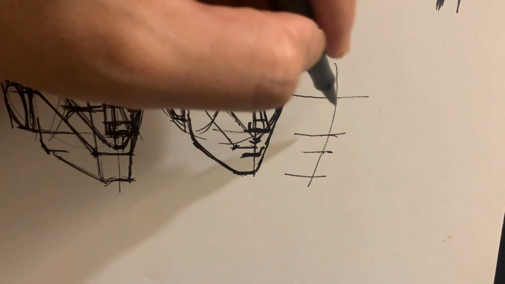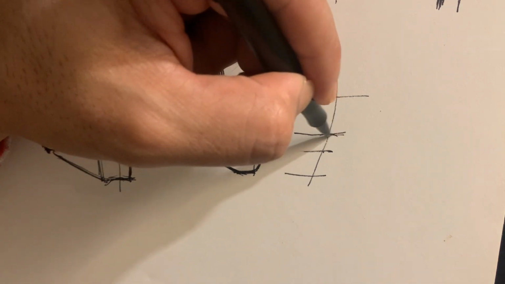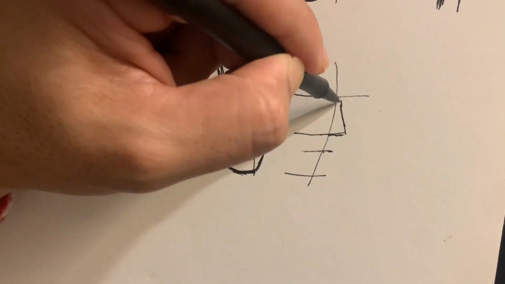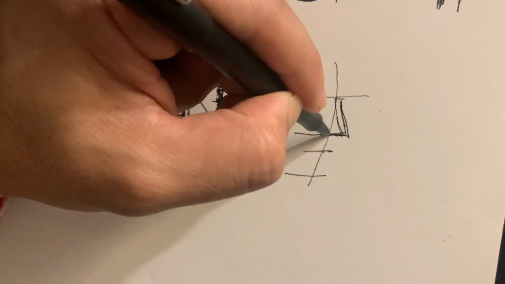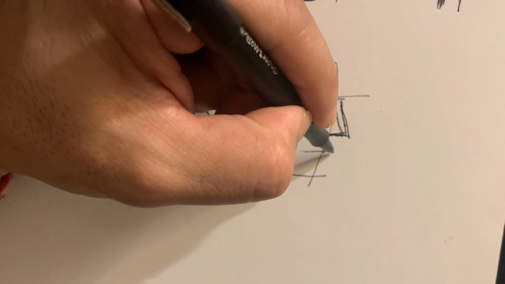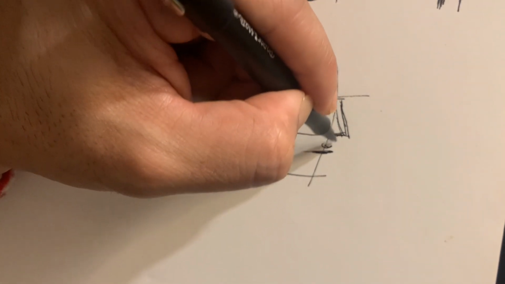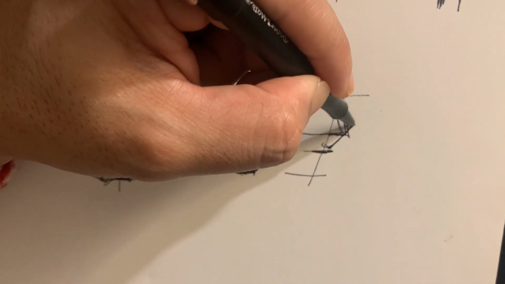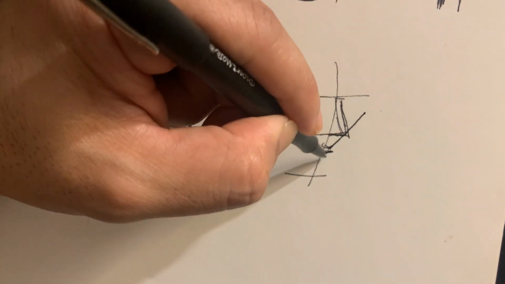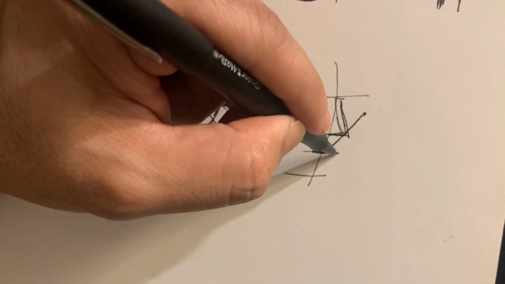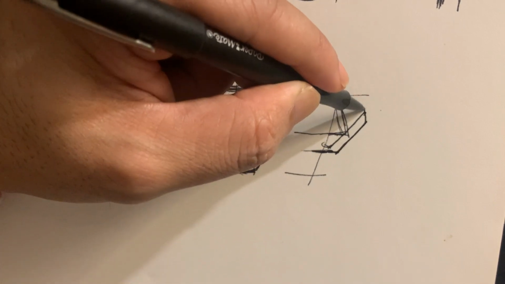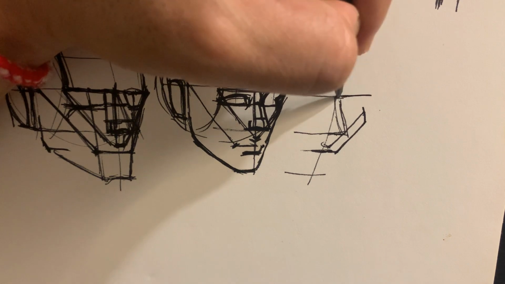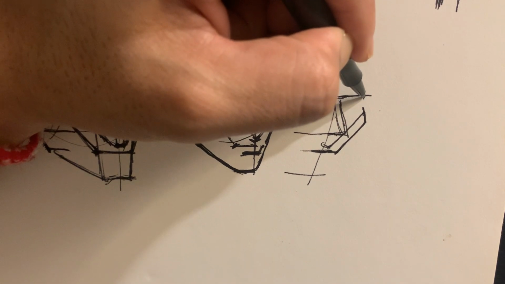I'm just going to copy this face right here. So this is determining where it turns in, and this determines the furthest out point right there, see? And then the brow is right here, and that's going to turn in.